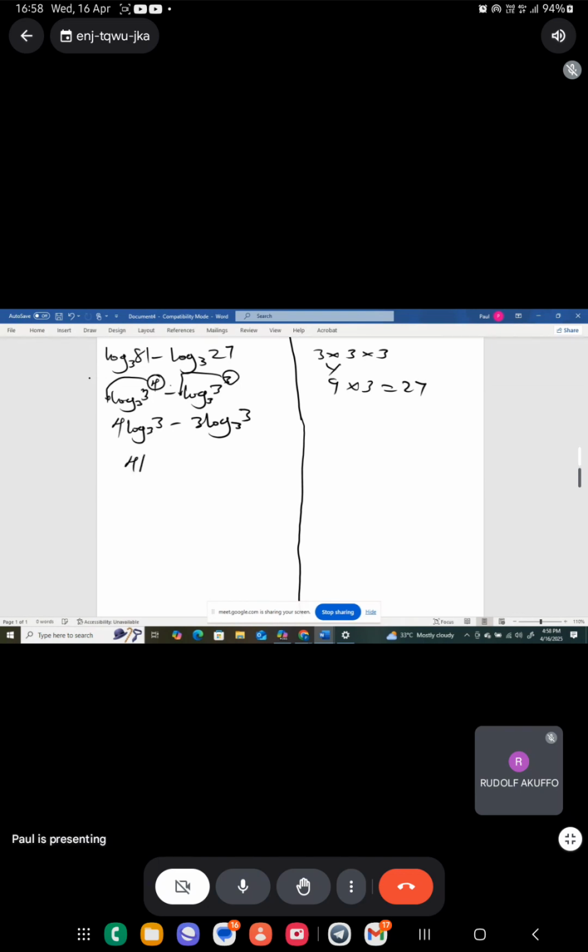So we get 4 into bracket 1 minus 3 bracket 1, which is equivalent to what? 4 times 1 is 4, 3 times 1 is 3, 4 minus 3 gives 1. Do you understand? Yes, please. Okay.